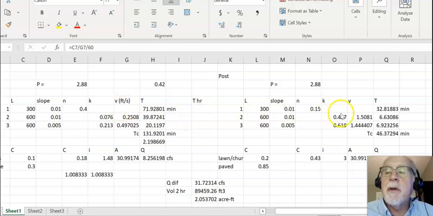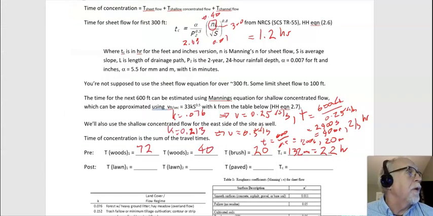So I do the same calculations. I put in the velocity and then calculate the time from that, and I get 33 minutes for the sheet flow, 6.6 minutes for the rest of it shallow concentrated, and 6.9 across the pavement. Let me move back over here and write the numbers in.